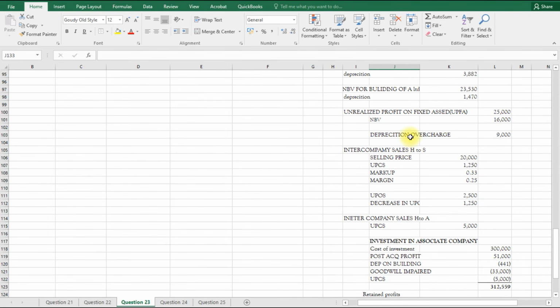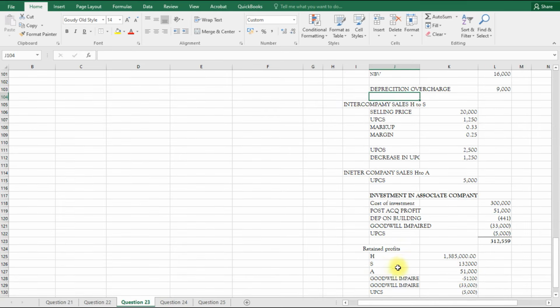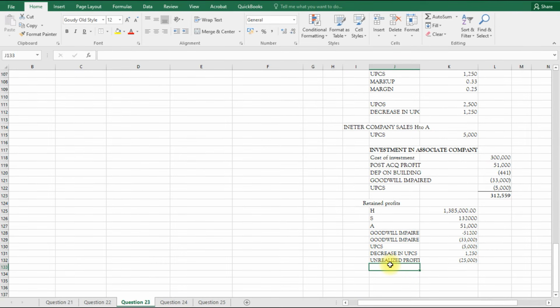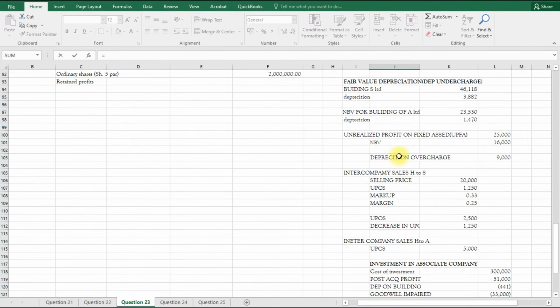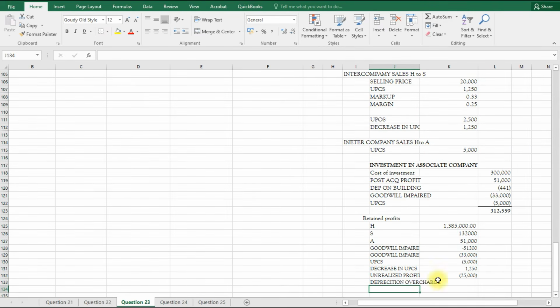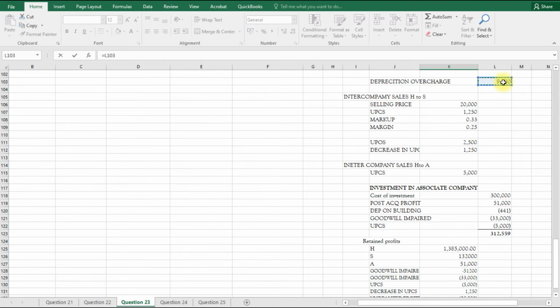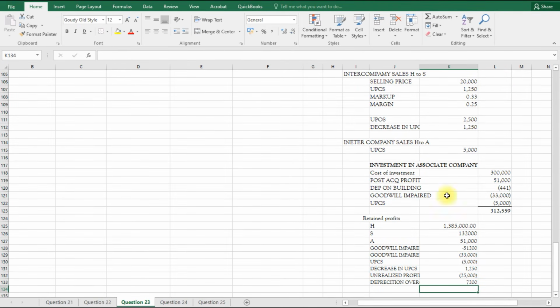Yeah, it was a depreciation overcharge. We take our portion, whereby we shall add the overcharge by 80%. Depreciation overcharge. I think we have put everything that you were supposed to include.